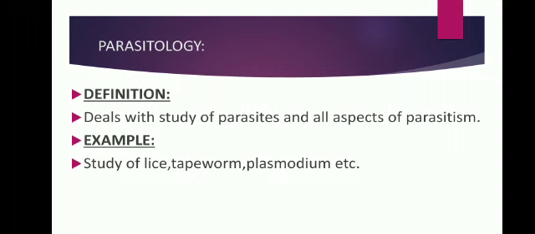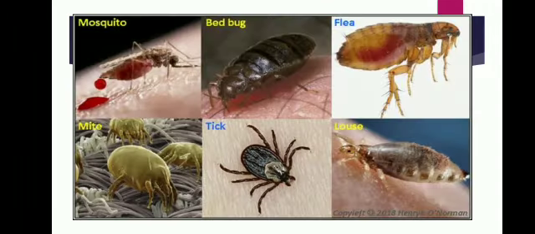For example, the study of lice, tapeworm, plasmodium. You can see on your screen mosquito, bedbug, flea, mite, tick, lice. All these are parasites that harm other organisms and suck blood from them.